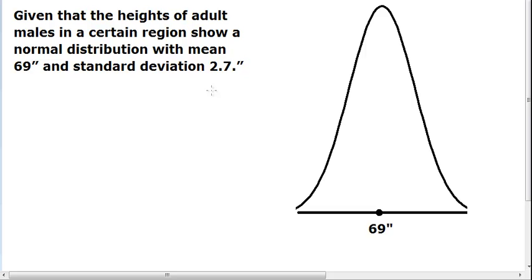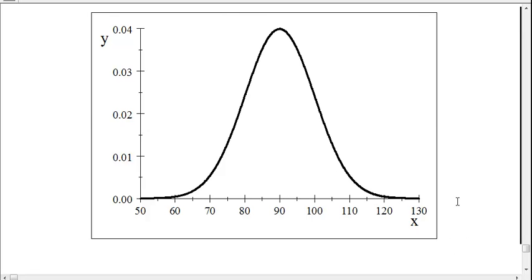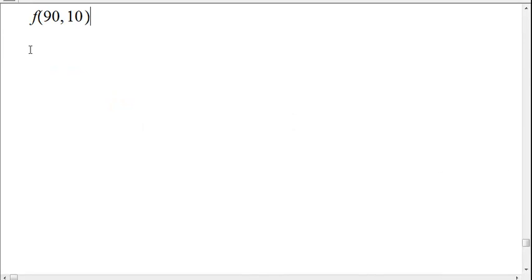Everybody clear? Okay. So this was regarding height. What was the mean? 69, right?